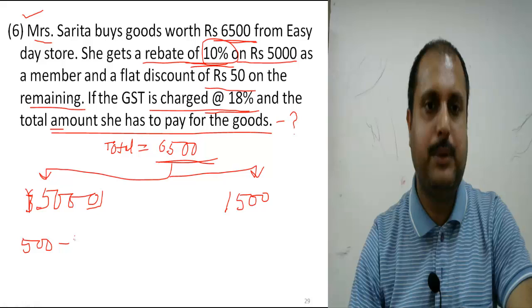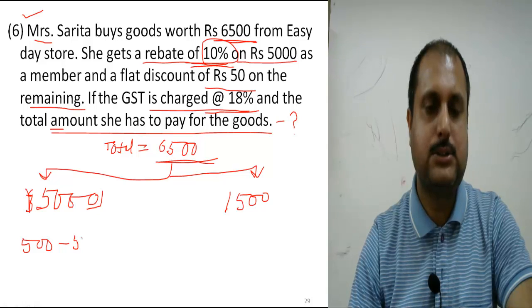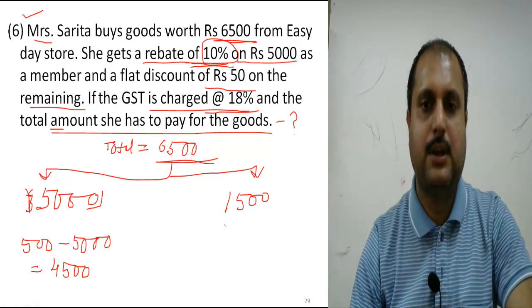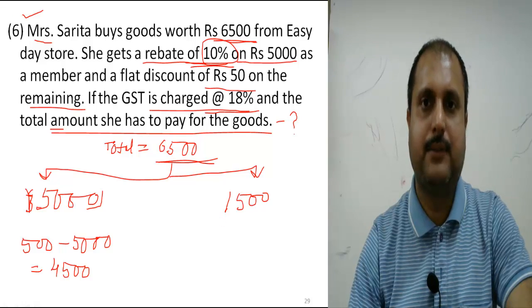So she is getting a rebate, so it will be 5,000 minus 500, and the total amount would be 4,500. Up to this, I hope it is clear for everyone. I am discussing in very simple language.